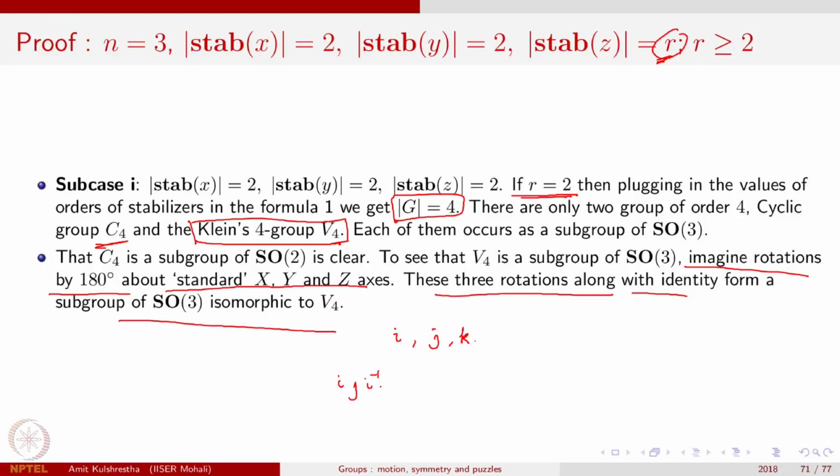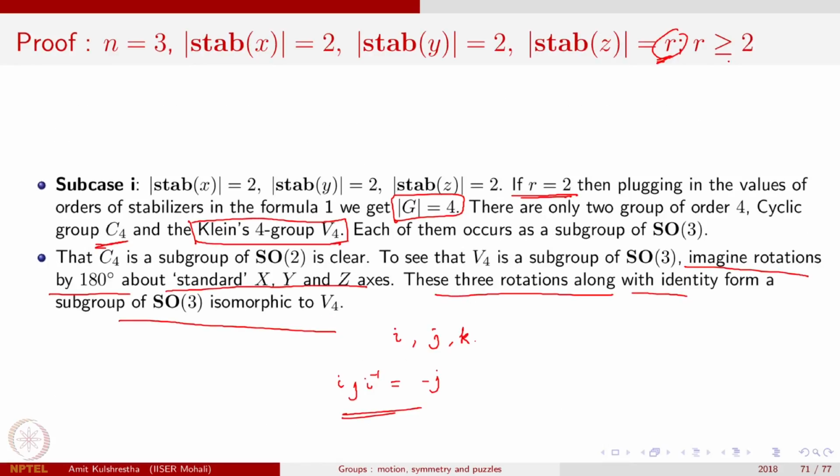And i j i inverse is what? It is minus j. So it's the rotation by 180 degrees. So we have obtained that V4 is also a subgroup of SO3.